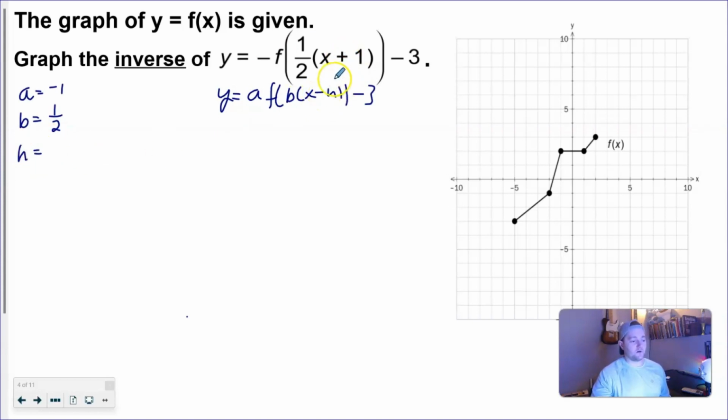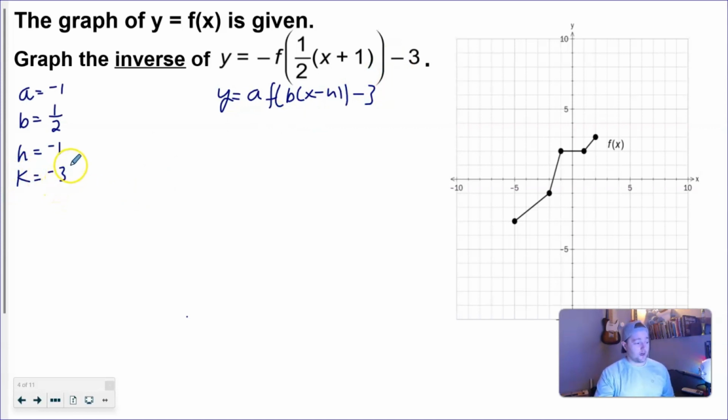Because of this plus here, in order to get that, it must have been a -1 that was subbed into our equation. What I tell my students, as you've probably seen on my other videos, is that h is always the opposite of the sign that's in transformational form. So if there's a plus here, my h is -1. If there was a minus, my h is +1. And then my k is what it is. In this case, k is -3.